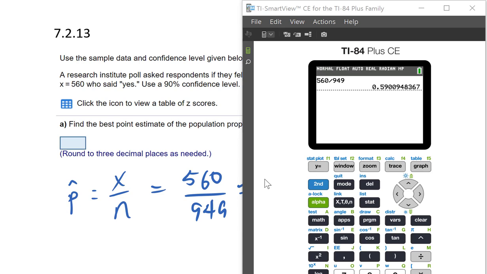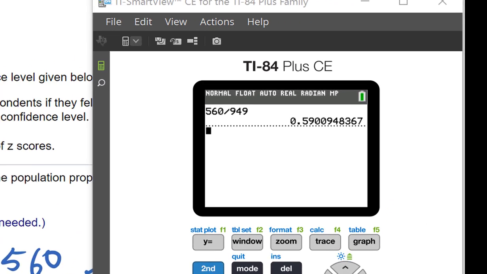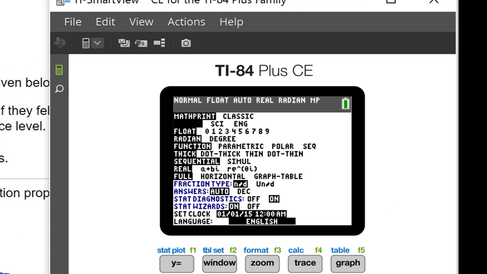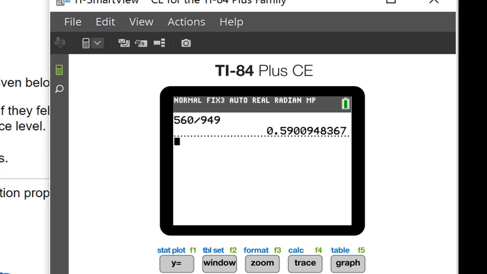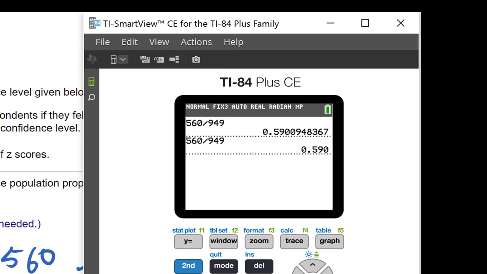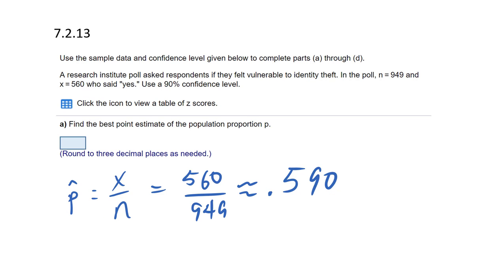If you are going to be doing a lot of these with lots of rounding to 3 decimal places, you can change the mode and scroll down to float and go out to 3. Now when I redo that one, it rounds to the number of decimal places I specified, in this case 3. So 0.590. Simple as that.